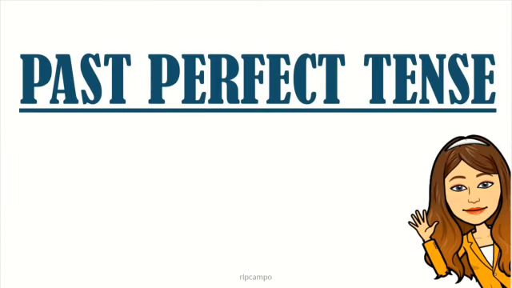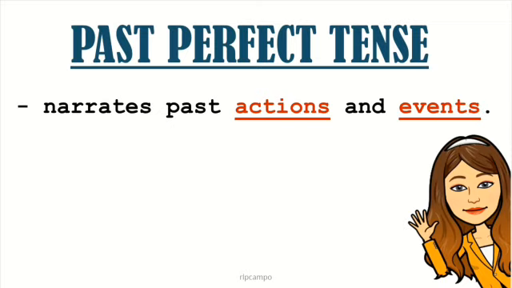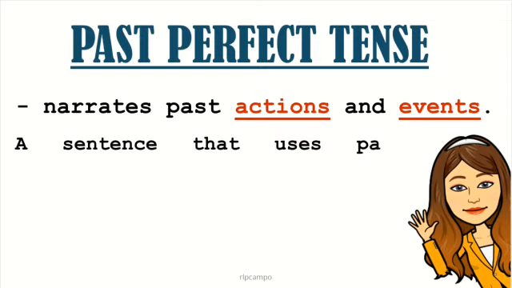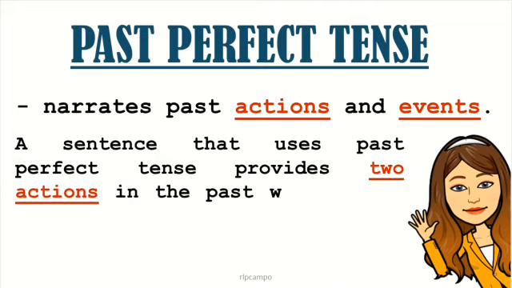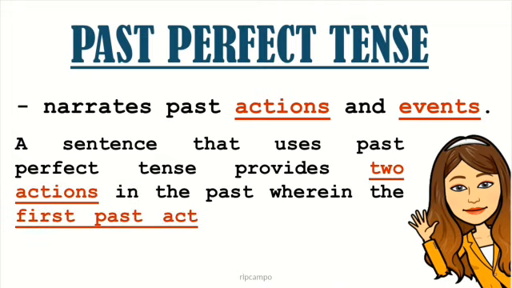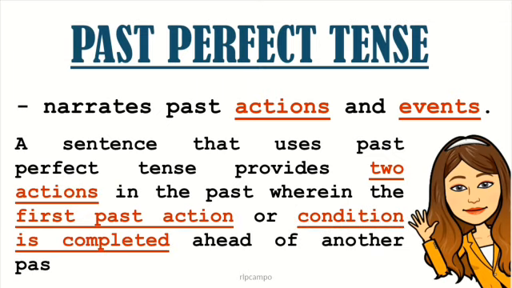Let's continue with the past perfect tense. Past perfect tense narrates past actions and events. A sentence that uses past perfect tense provides two actions in the past, wherein the first past action or condition is completed ahead of another past action.